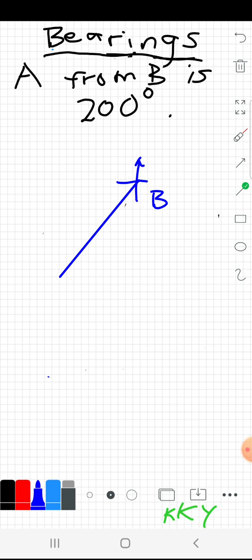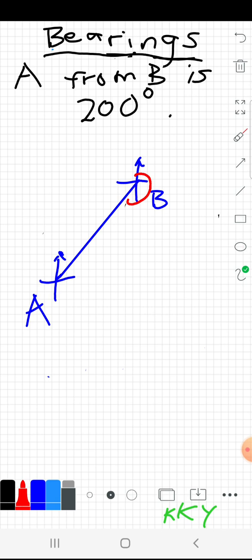So I have a line now. Wherever I stop, I'm going to draw my second location, which is my A. So this is A and this is the north of A. So the bearing of A from B is 200 degrees. I located B. I turned 200 degrees and then I got to A.